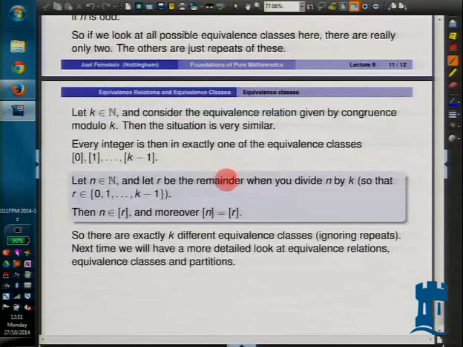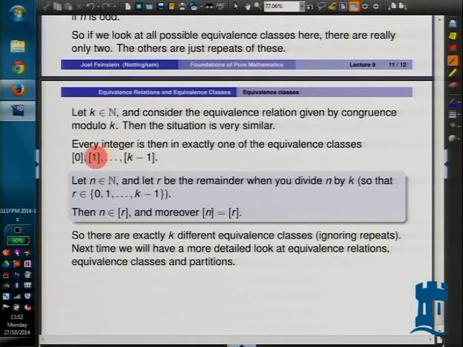And when you're doing congruence modulo k, you do the same thing. You say those things that leave the same remainder as you when you divide by k. So this square brackets around 0 means those things that leave remainder 0 when divided by k, which means multiples of k.